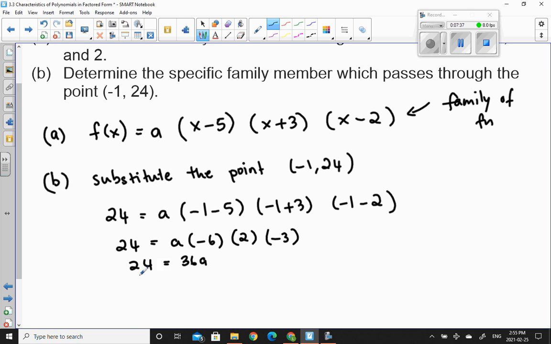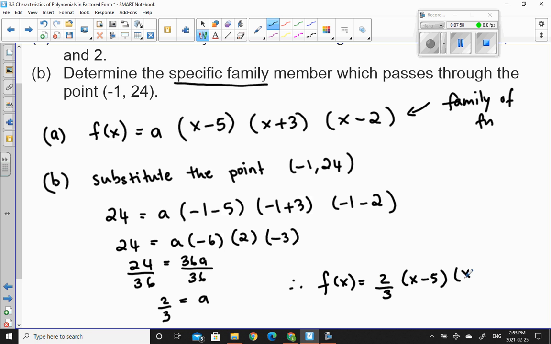We divide both sides by 36, and a works out to 2/3 in lowest terms. So therefore, the specific family member that has this point -1, 24 will be f of x equals 2/3 times x minus 5, x plus 3, x minus 2. Okay.